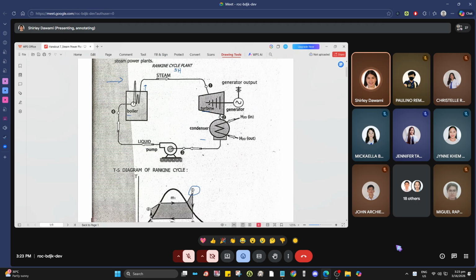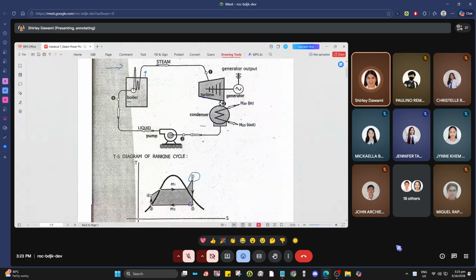That mechanical work will be converted to electrical energy. The superheated steam enters, and since its energy is used to do mechanical work in the turbine, it therefore leaves the turbine as wet steam.